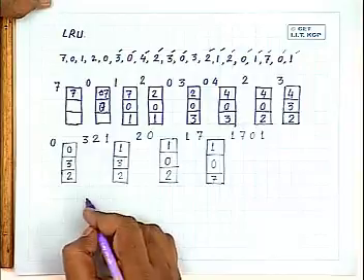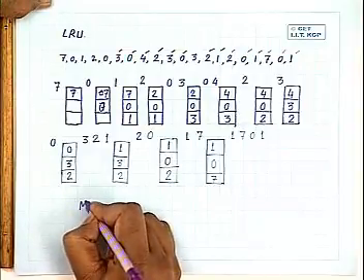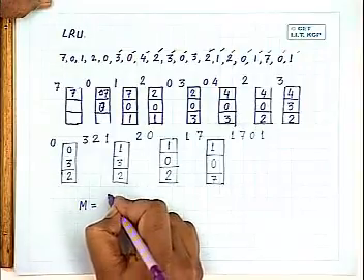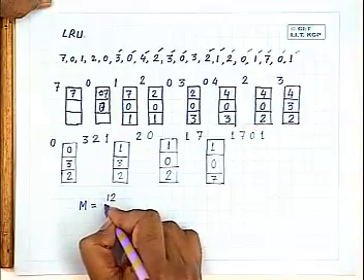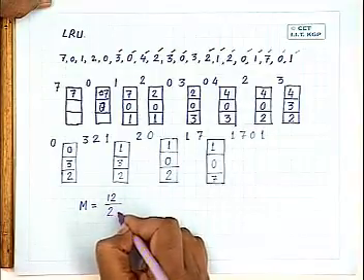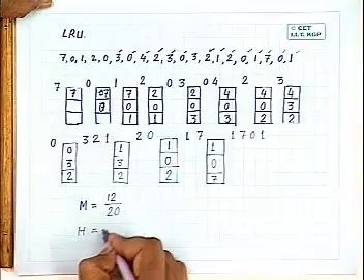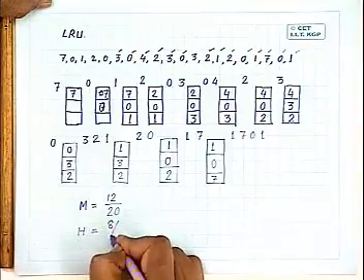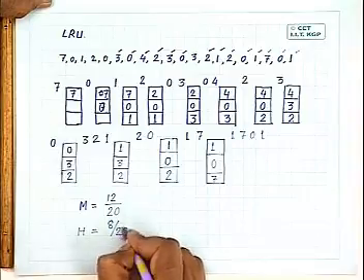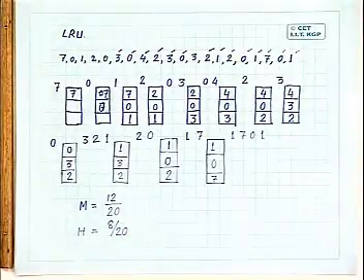Okay. So accordingly, your miss ratio will be 12 by 20, and hit ratio will be 8 by 20. Okay.